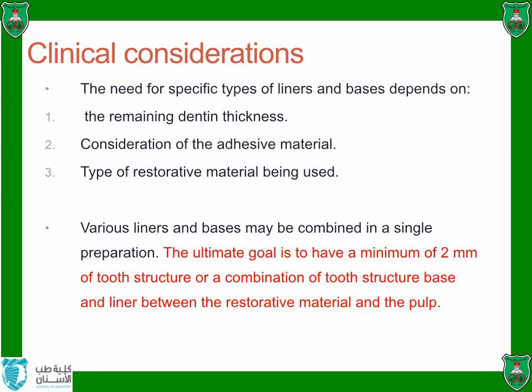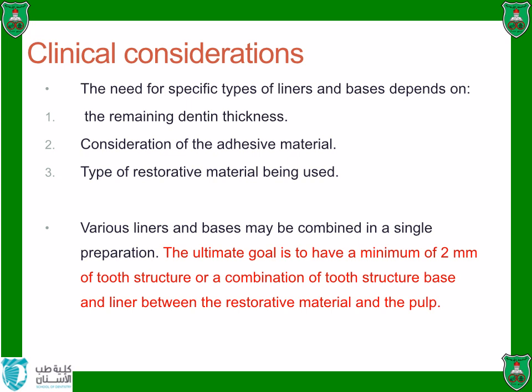Now let's speak about clinical considerations for using liners and bases. The need for a specific type of liner and base depends on the remaining dentin thickness, the consideration of the adhesive material, and the type of restorative material that you will be using. You can use various liners and bases combined in a single preparation.